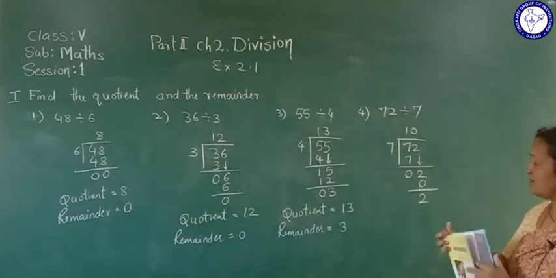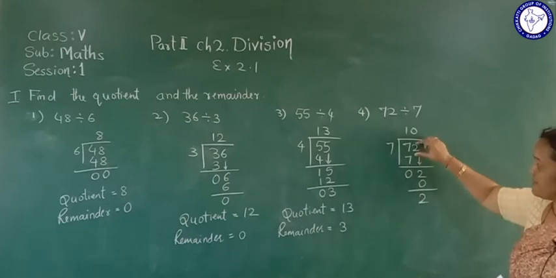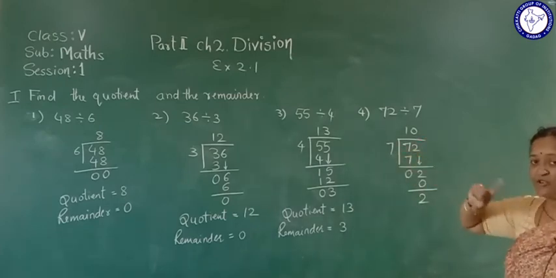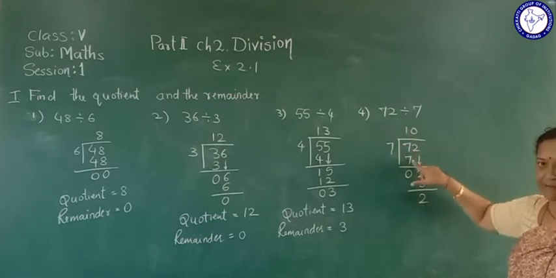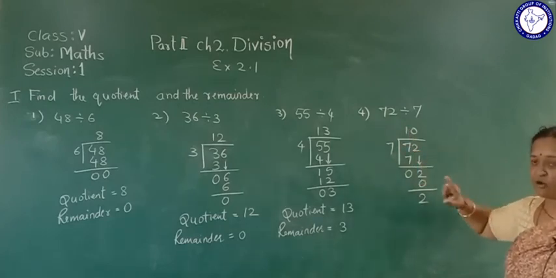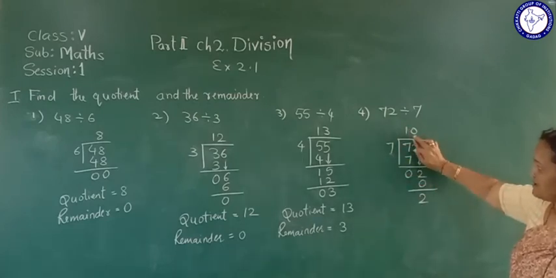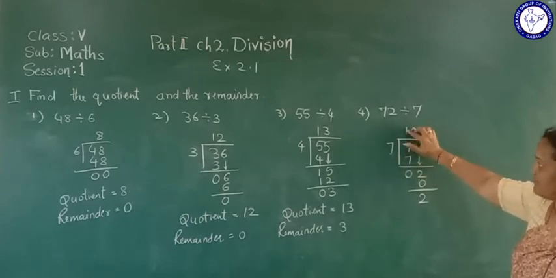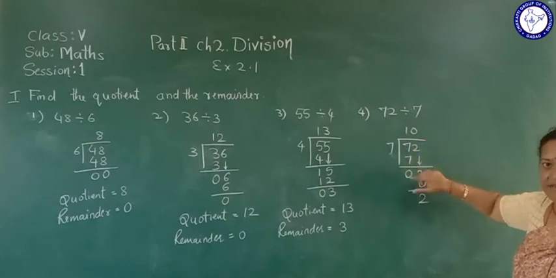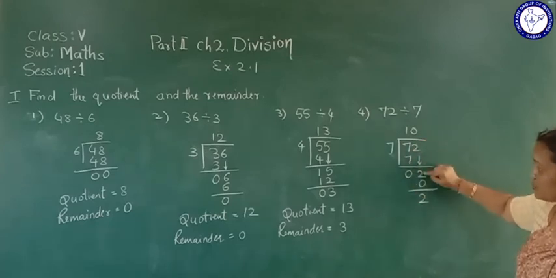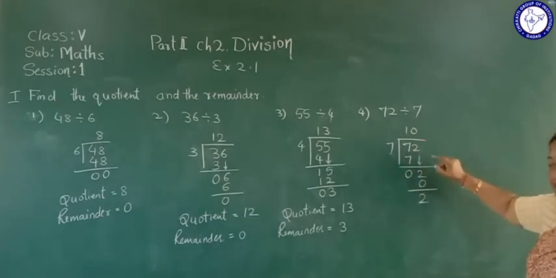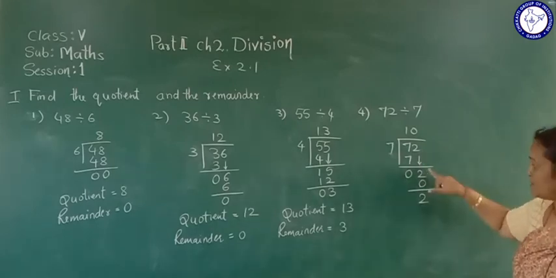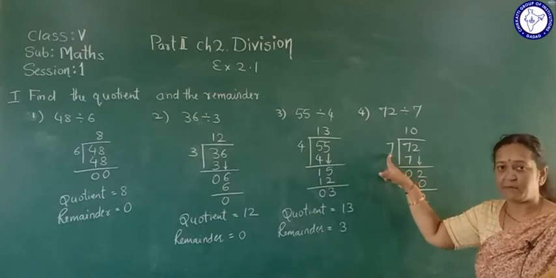Check again here. When 72 is divided by 7, 7 is one digit. You should not directly do 7 tens are 70. 7 is a single digit, so take a single digit only. Then 7 ones are 7. 7 minus 7 is 0. Then bring down 2 here. After bringing it down, at least once a division you should do. But this 2 is not divisible by 7.